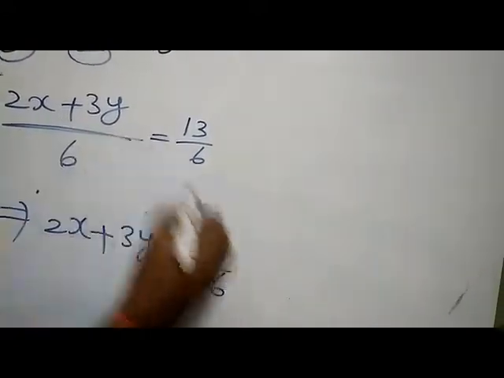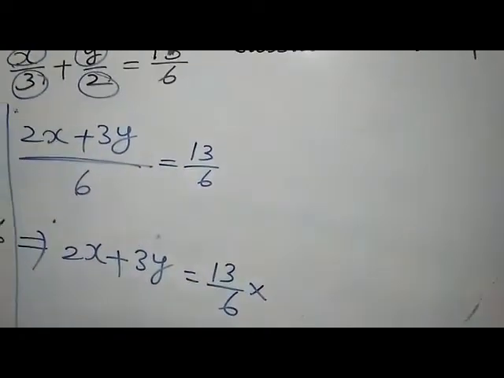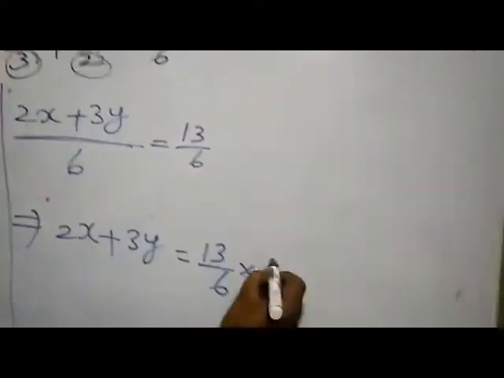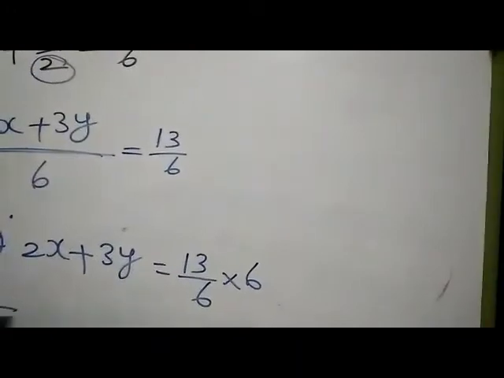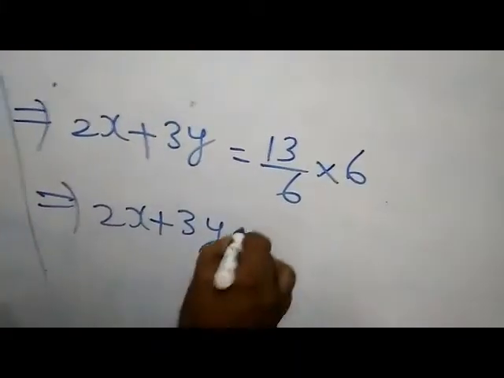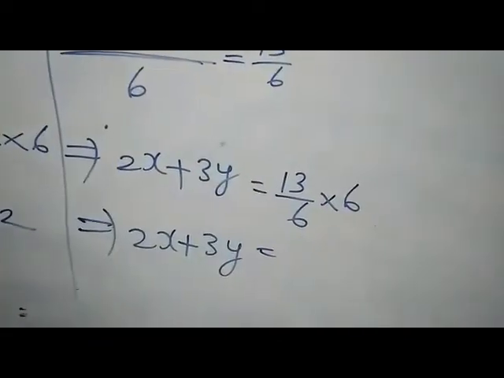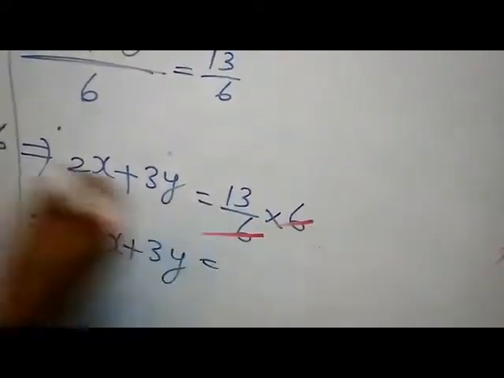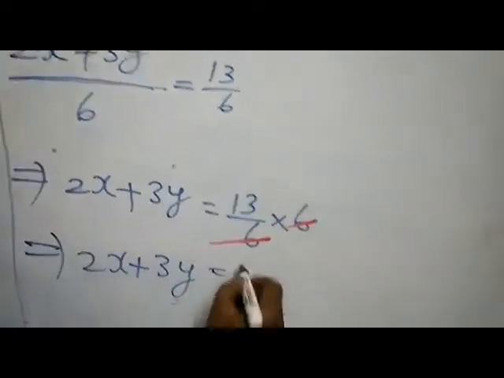This by 6 will be transposed to this side into 6, so 6 will be cancelled and 13 is left.